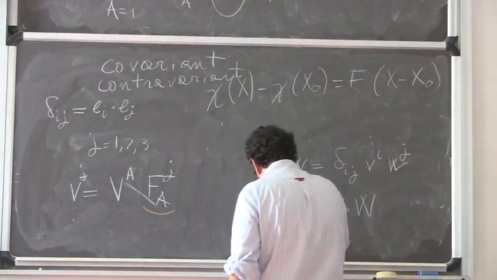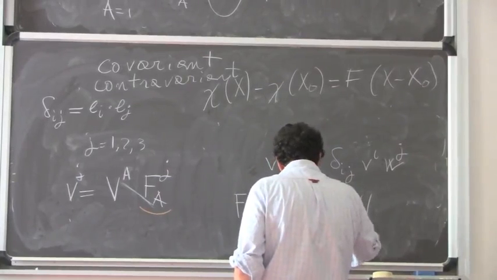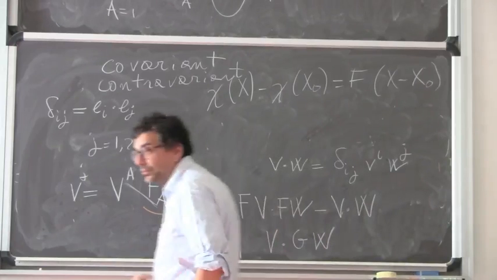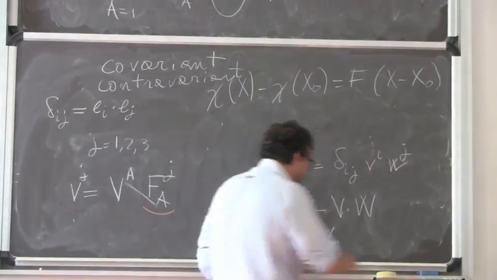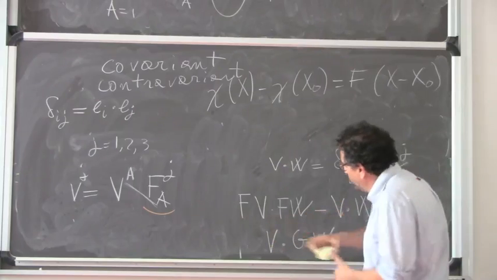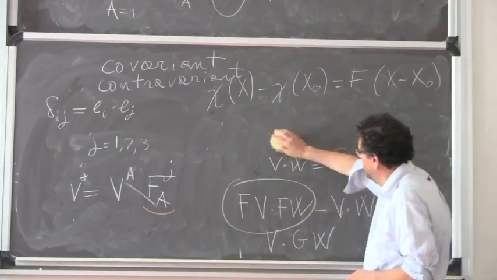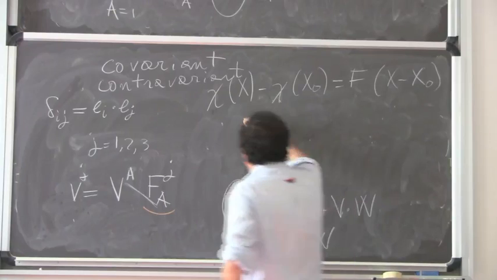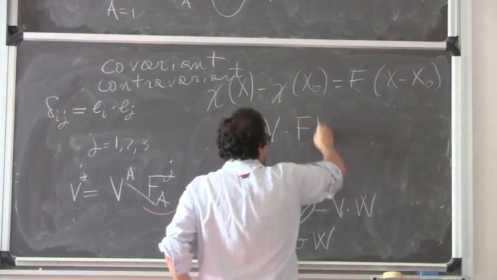This is the same as we wrote yesterday. Okay, I want to talk a little bit about this inner product. So you have F v dot F w.